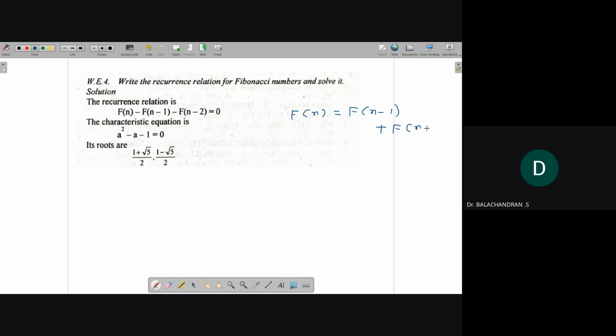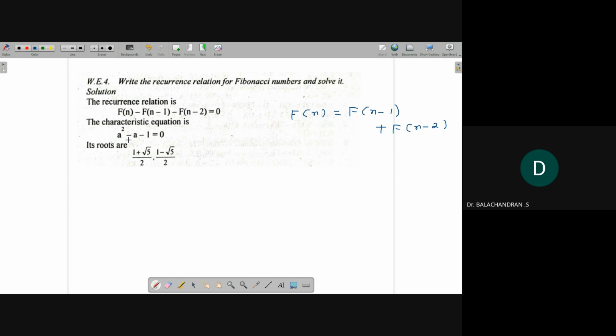Or you can write f of n minus f of n minus 1 minus f of n minus 2 equal to 0. From this you can write the characteristic equation. Because this is order 2, a square minus a minus 1 is equal to 0.